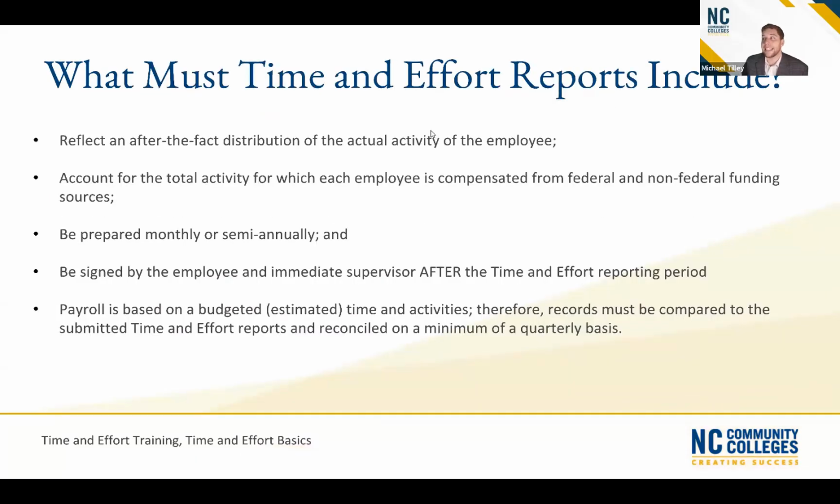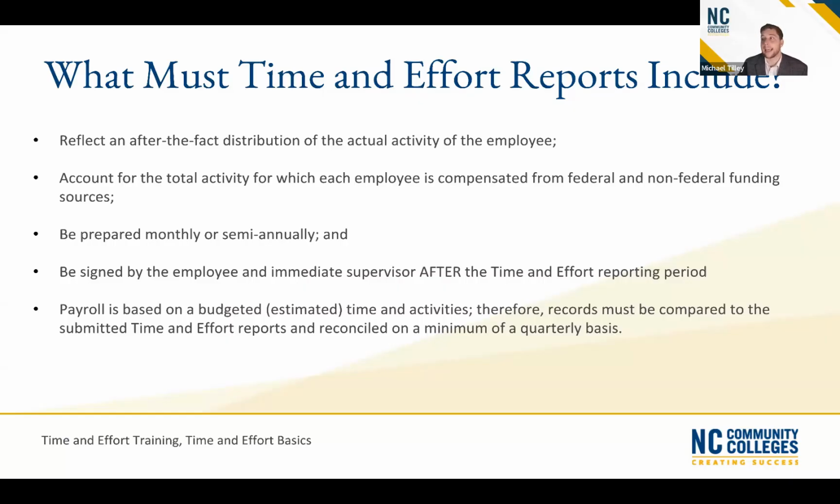All right, so what must that time and effort report include? As I mentioned on the previous screen, it reflects the actual, or after-the-fact, distribution of the actual activity of the employee. So again, if you were budgeted for 50% of your time for Perkins and 50% adult ed, and at the end of that month, you realize you actually spent 60% of your time on adult ed and 40% on Perkins, that needs to be reflected in that time and effort documentation.